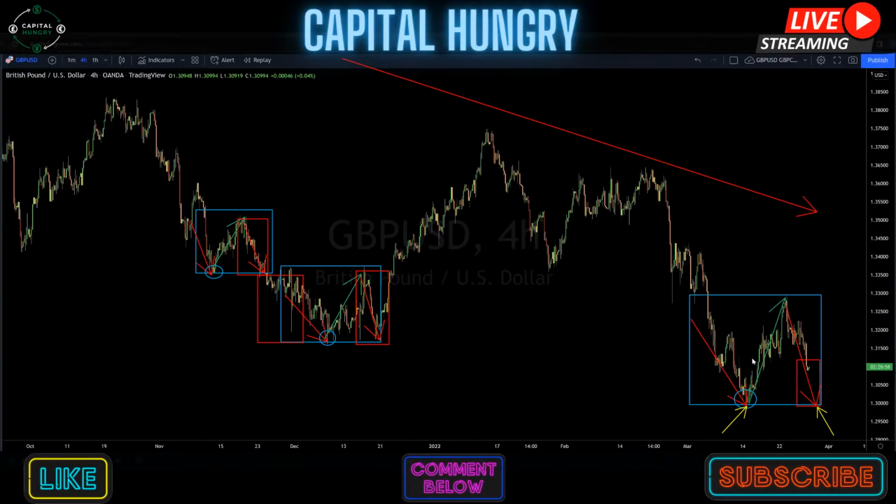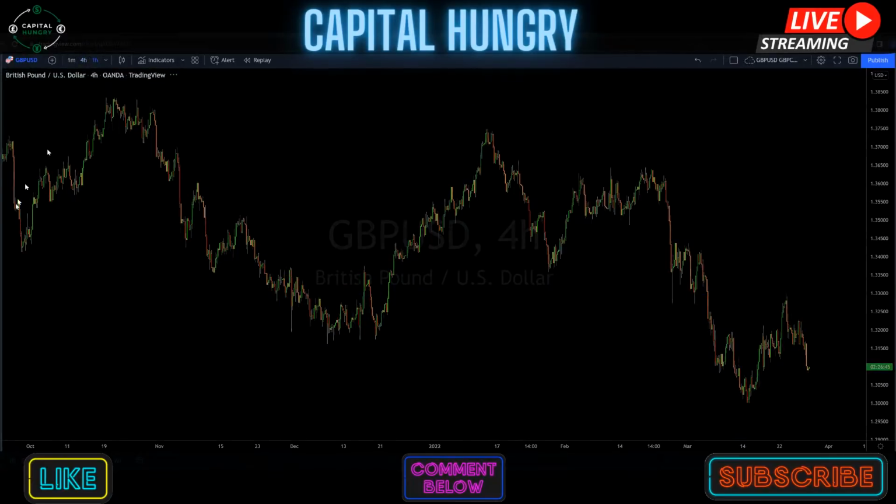But I do see that if we don't correct this bearish engulfing candle, minus a pullback, we can at least start to revisit these lows, especially if dollar index continues bullish. Okay, everybody?